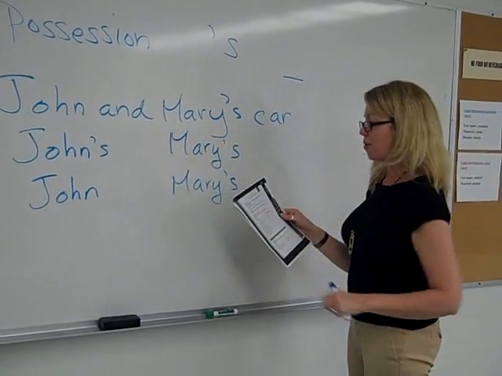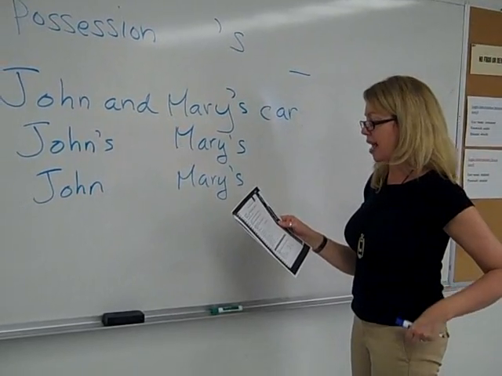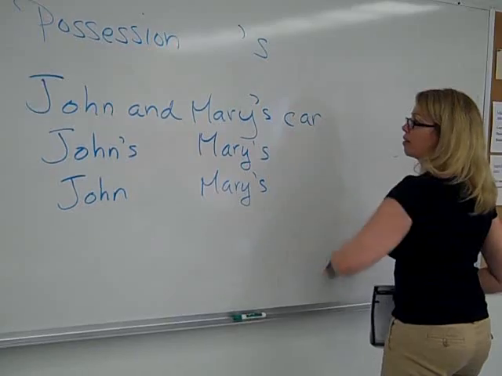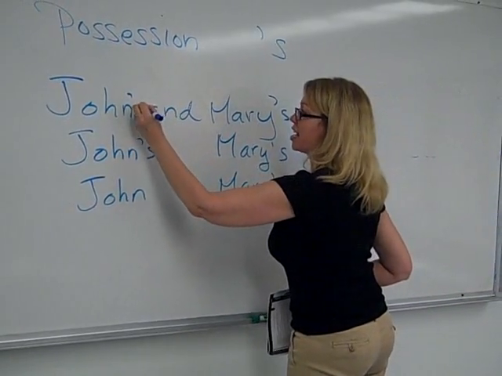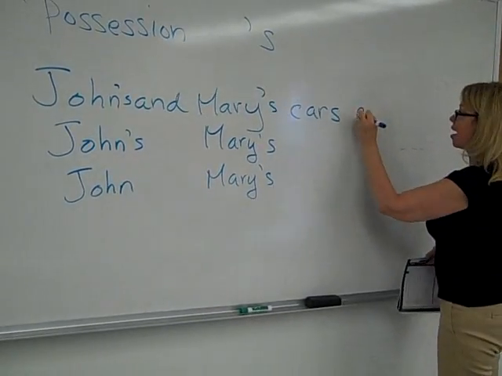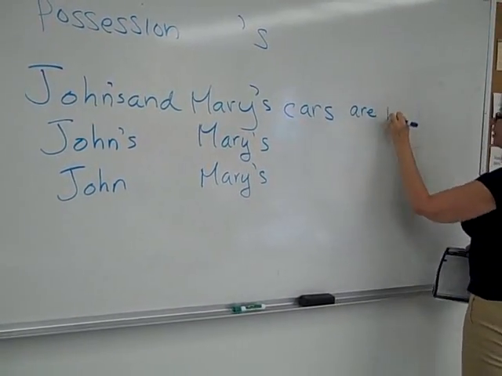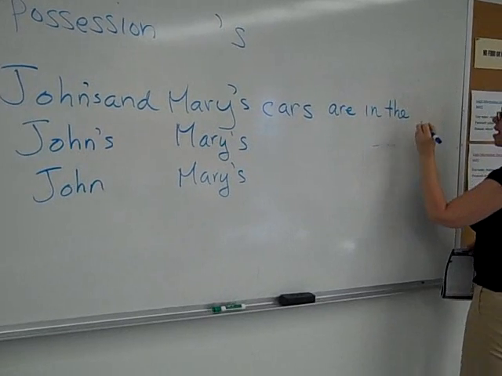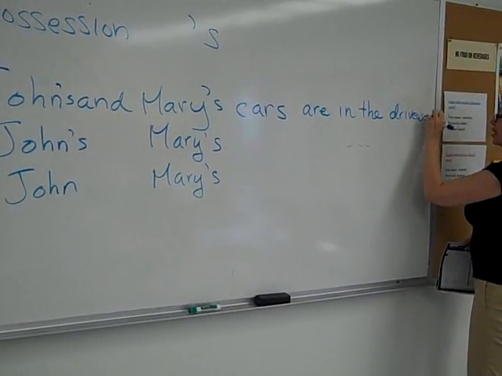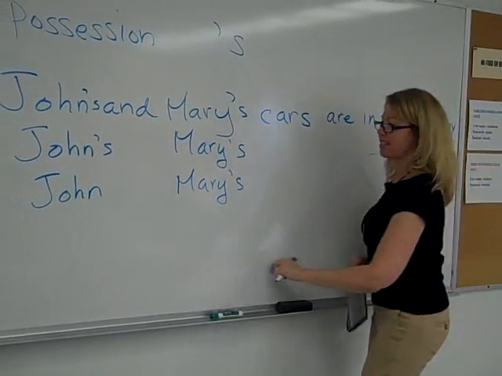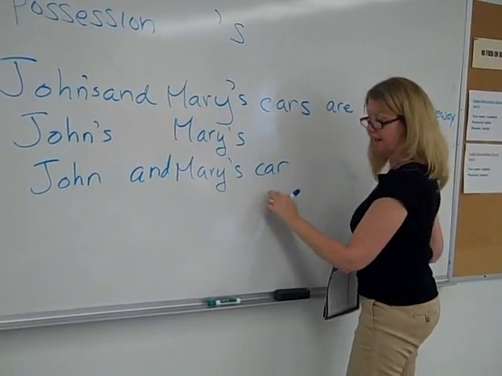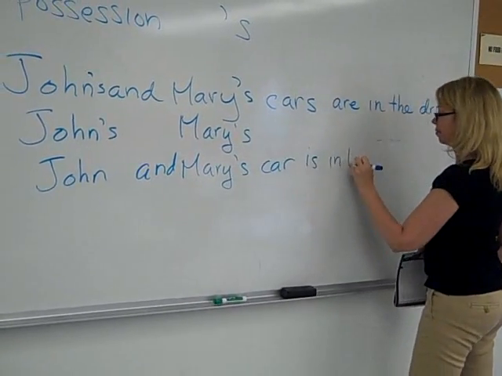But when two or more people own things separately, we put it after each name. So John's and Mary's cars are in the driveway. But if I said John and Mary's car, again there's only one car in the driveway.